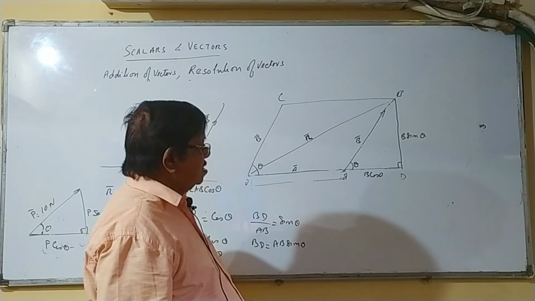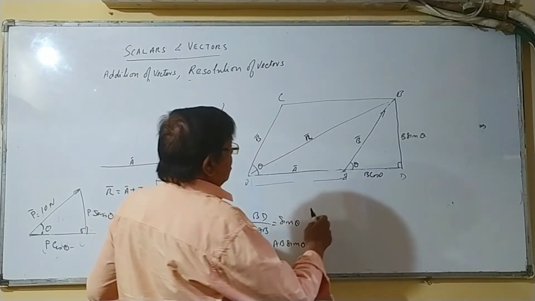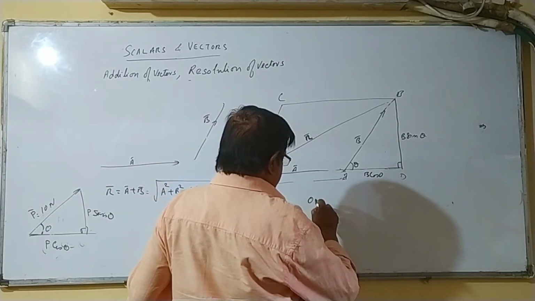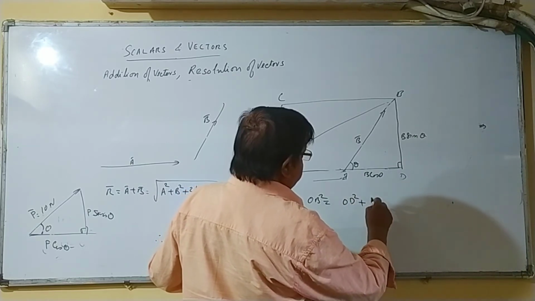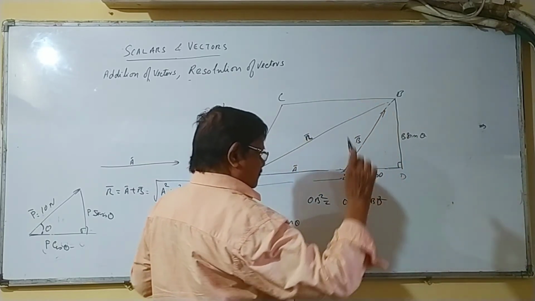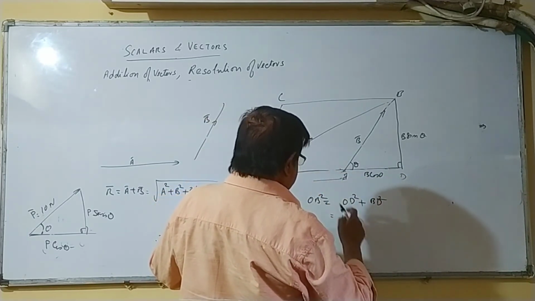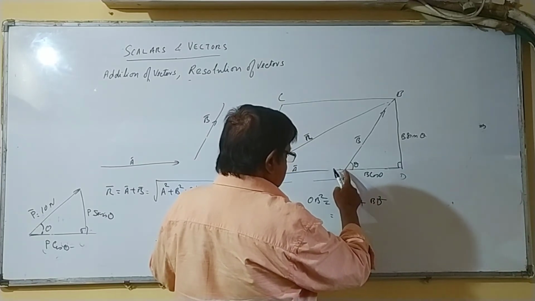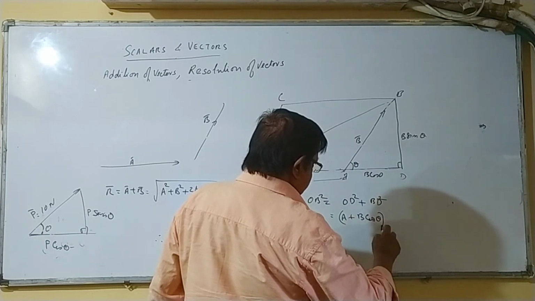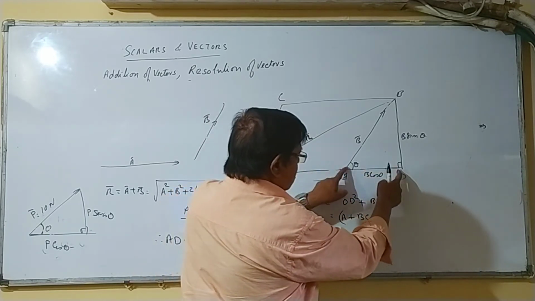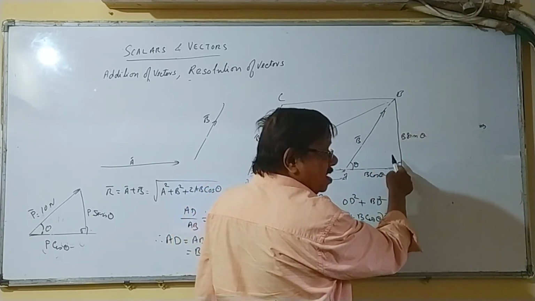Now, let us take the simple Pythagoras theorem. We write OB square is equal to OD square plus BD square. Pythagoras theorem. What is OD? A, the magnitude of vector A, plus B cos theta, the whole square, plus what is BD?